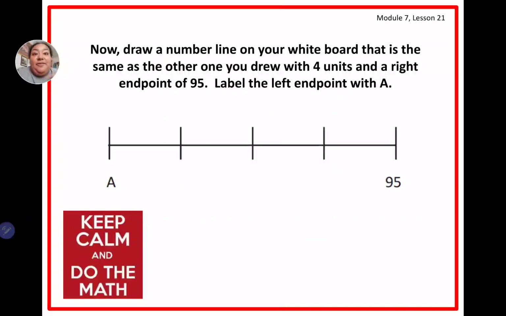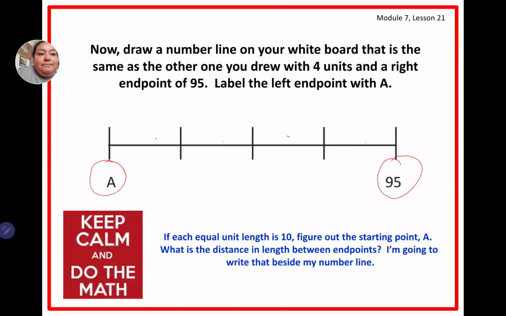Okay? Now, if I draw a number line with 4 units, 1, 2, 3, 4, and a right endpoint at 95, how would I find out what this is? What would I have to do? And if each equal unit is 10, what would I do?